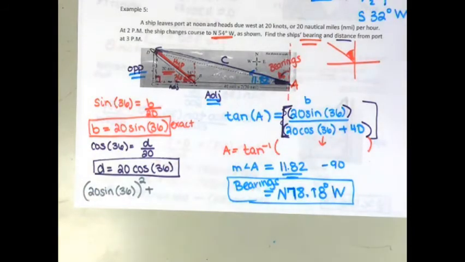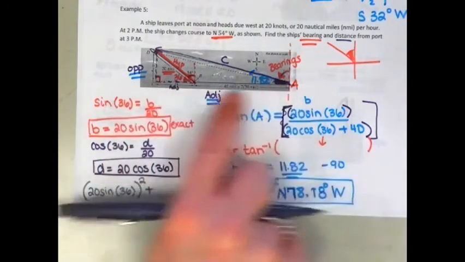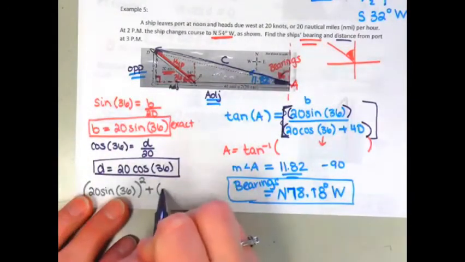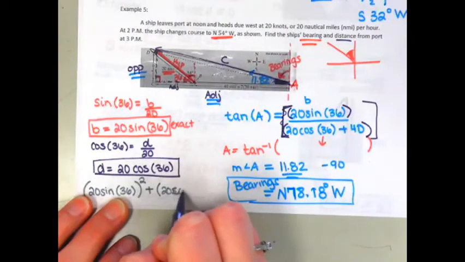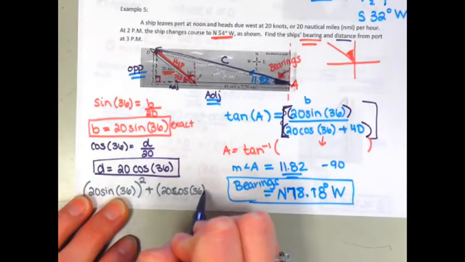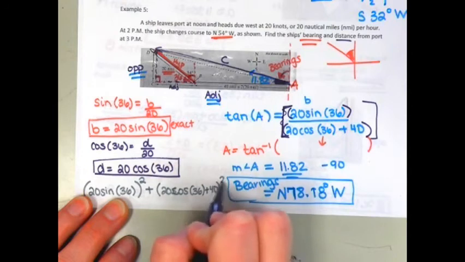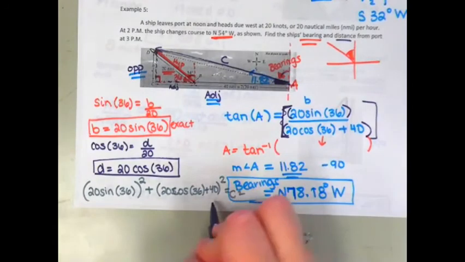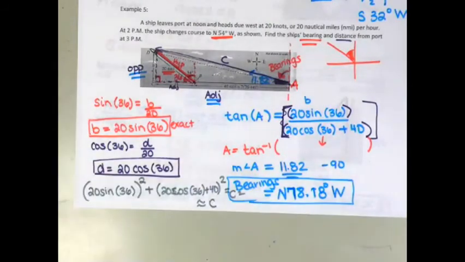Plus, what is my adjacent side or my other leg? 20 cosine 36 plus 40 squared will equal c squared, right? And then what would I have to do at the end of that? Square root it, wouldn't I?